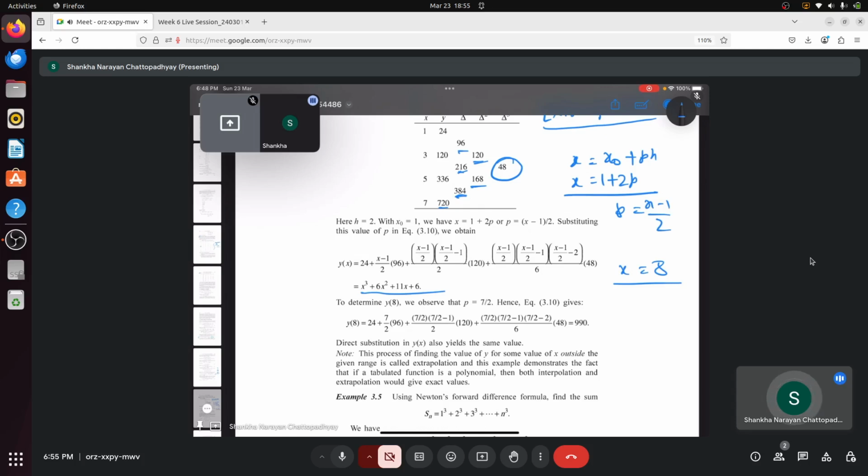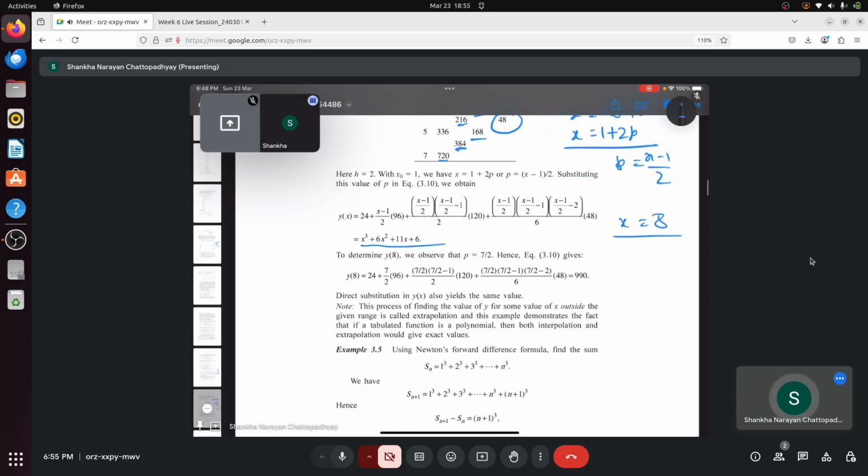You put x equal to 8 there, you will get the value. This process of finding a value y outside the domain is called extrapolation.